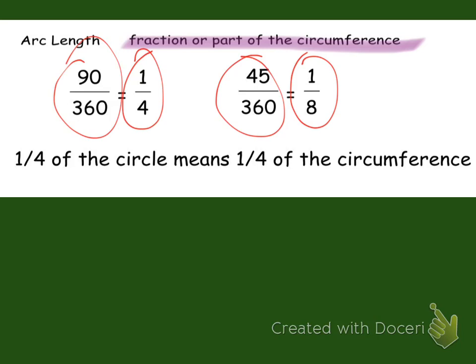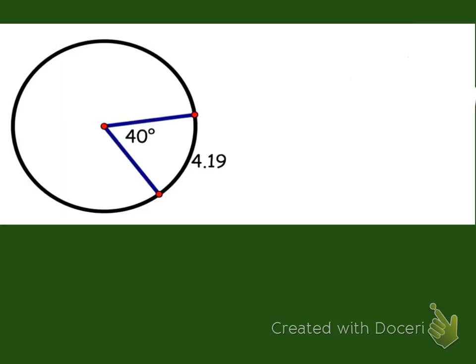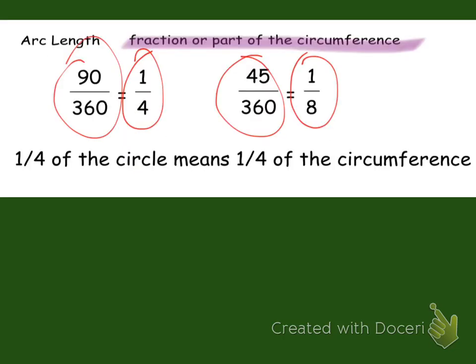So, if we're looking for arc length, we can use a formula. It's a little different from what's in your textbook. Wait, let me go back one second, sorry. A proportion, and it's not a formula.